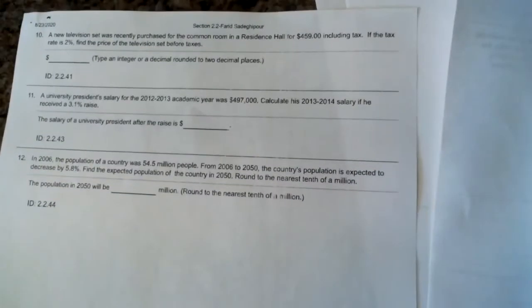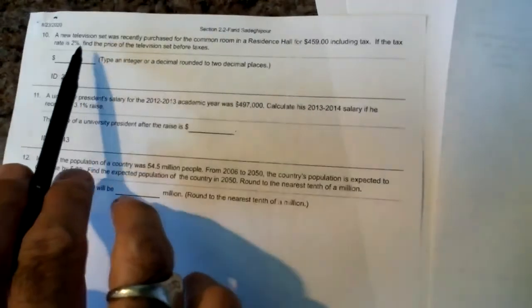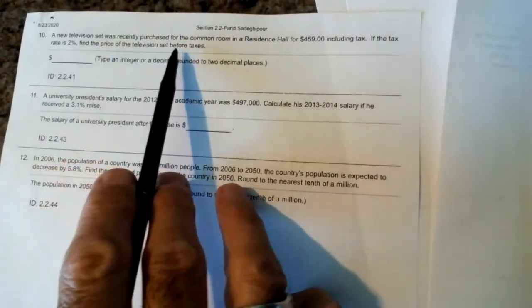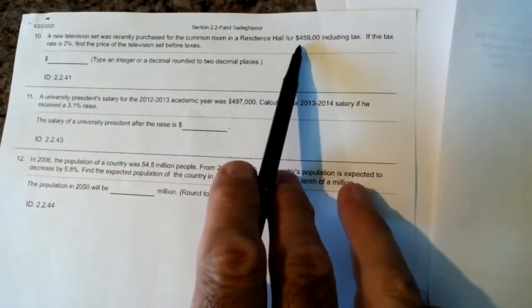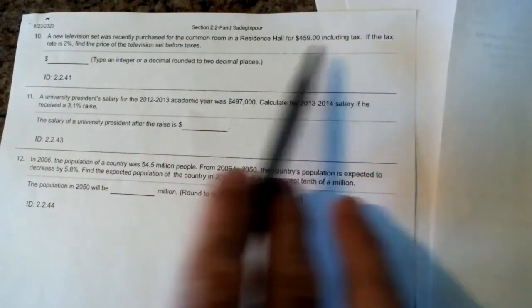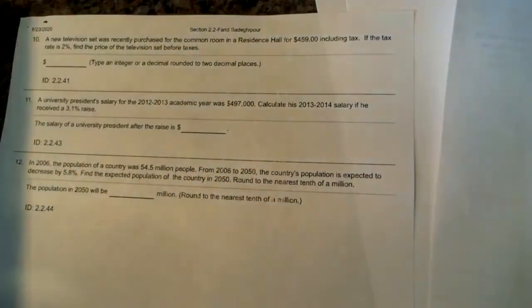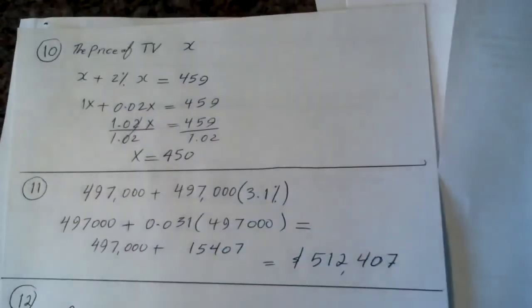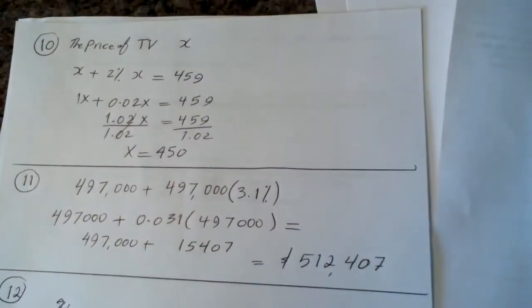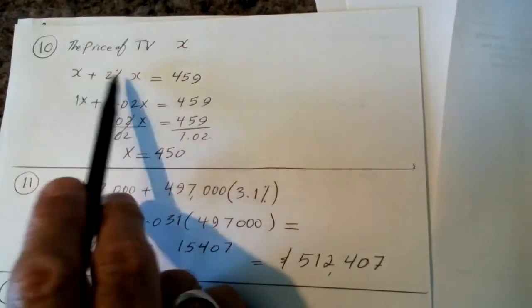Number 10. The new TV was recently purchased for a price of $459, including tax. If the tax is 2%, find the original price, okay? We don't know what the price of the TV is, call it X, but we know that we should always take 2% of that and add it to itself.